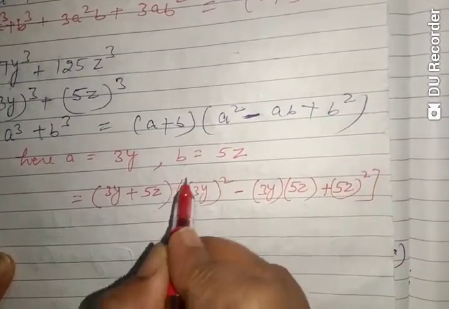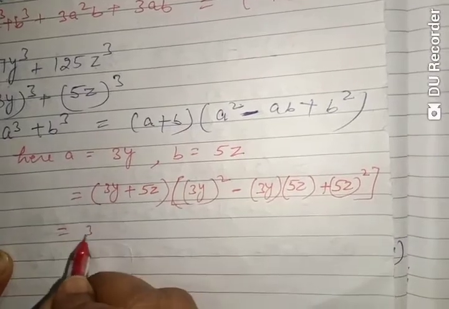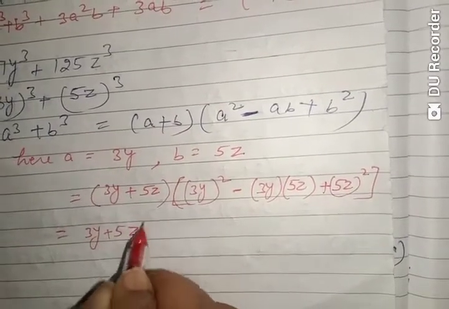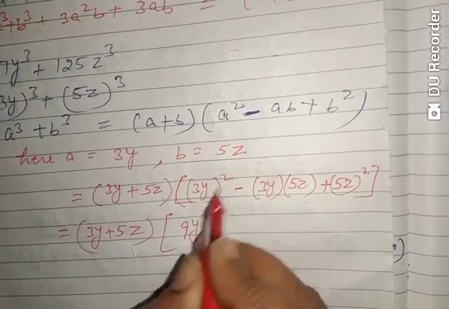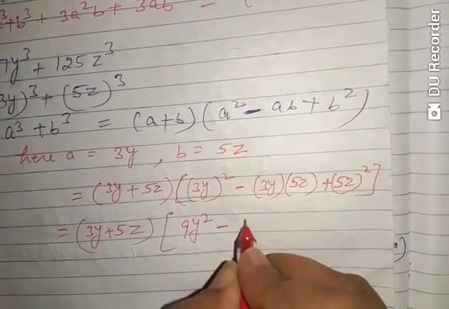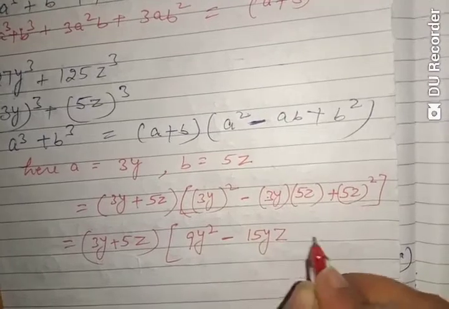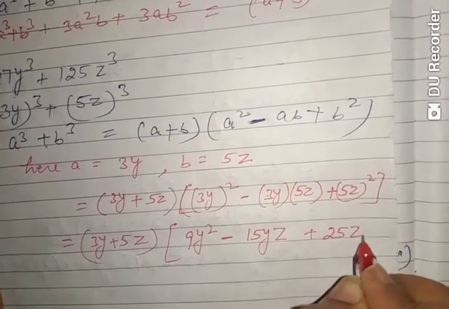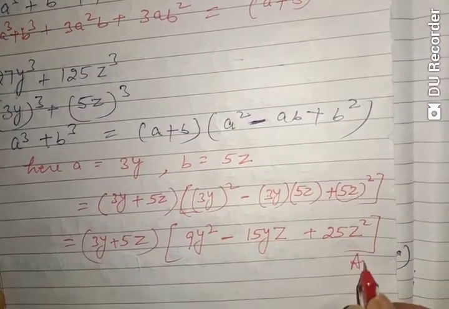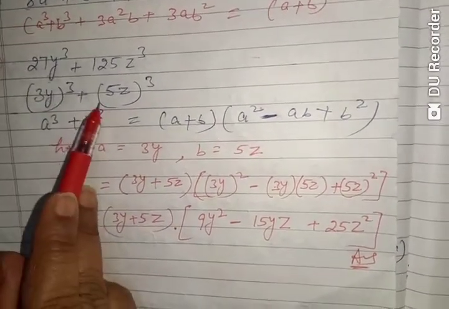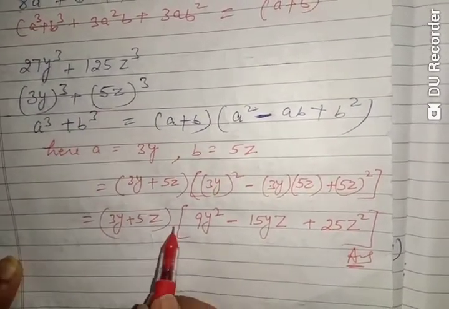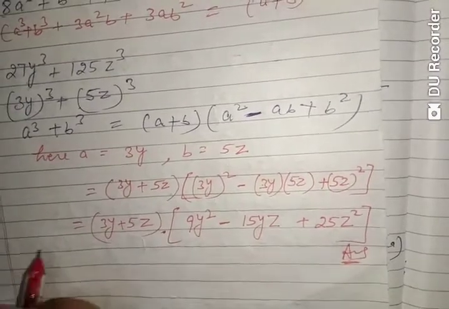After solving it, we will get 3y plus 5z bracket, and this is 3y square is 3 square is 9y square, minus 15yz plus 25z square. This is our final answer. You can see that this expression was in plus and this expression is in multiplication. It means we factorized it.